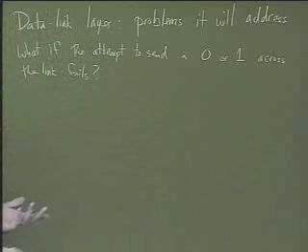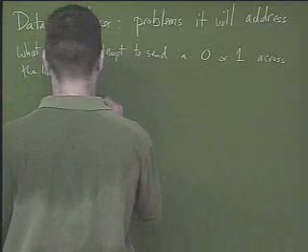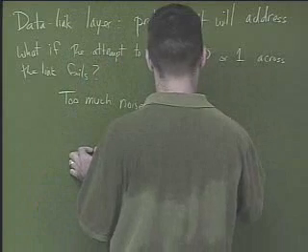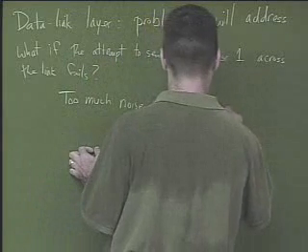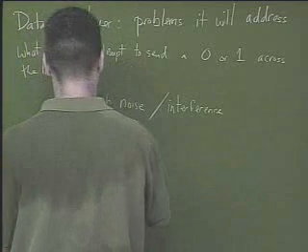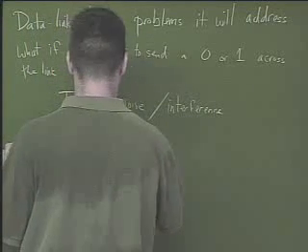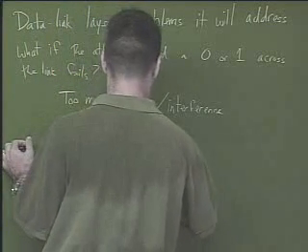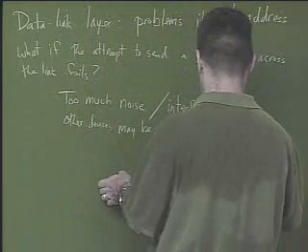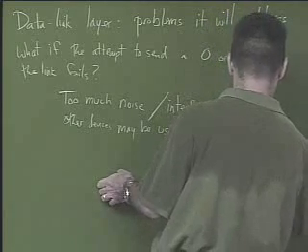Why can it fail? It might fail because there's too much noise or interference. Other devices may be using the medium when our device wants to send.